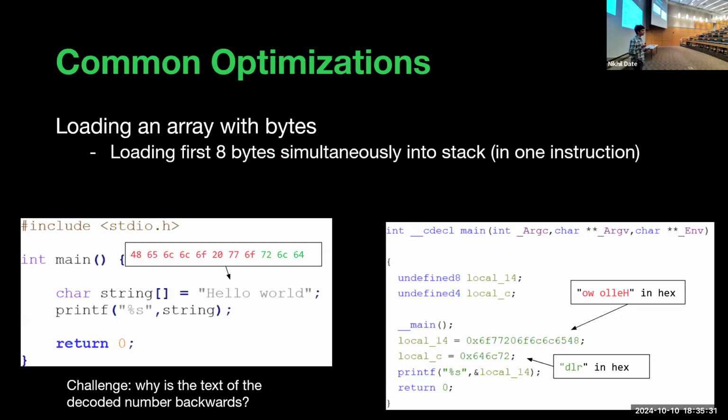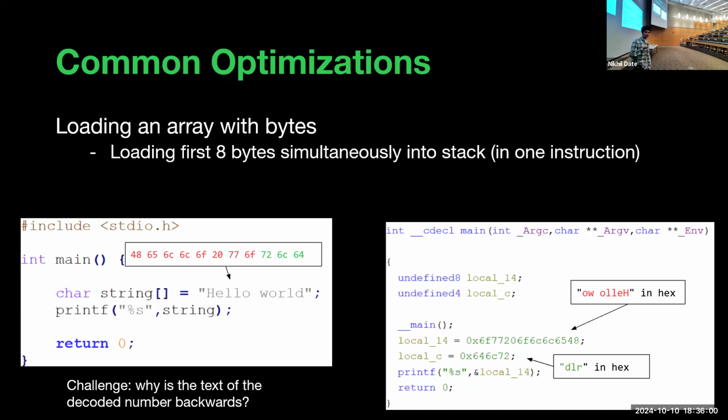Another thing that you should look out for when you're trying to reverse stuff is that compilers will do things called optimizations. They will take your source code and decide to compile it in a different way than you would think, to make it faster. So in this case, the source code has a string, but you look at the Ghidra decompilation and it's a bunch of numbers.